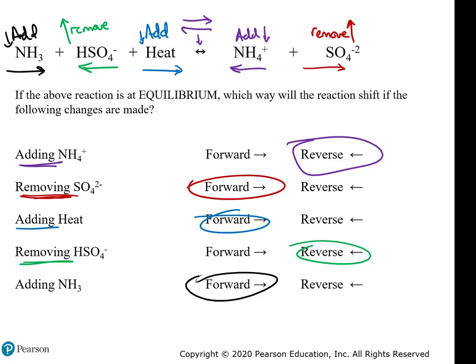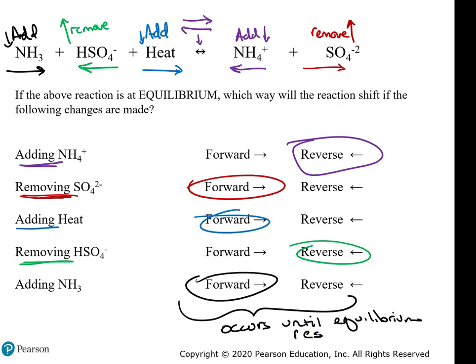So if I add something, that makes it more heavy on that side, so the reaction shifts to try and balance it out. If I take something away, that means there's less of it on this side, so the reaction shifts in reverse to try and bring it back into equilibrium, because that's really the goal: we want to restore equilibrium.